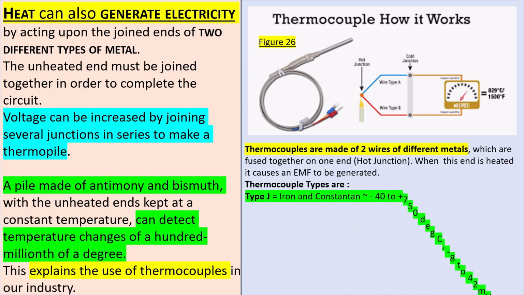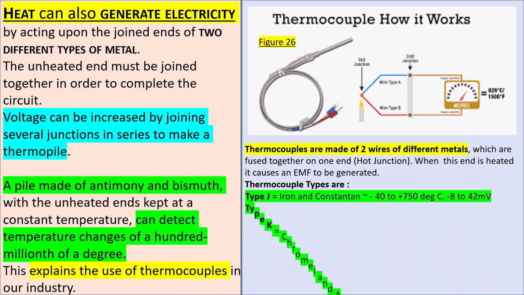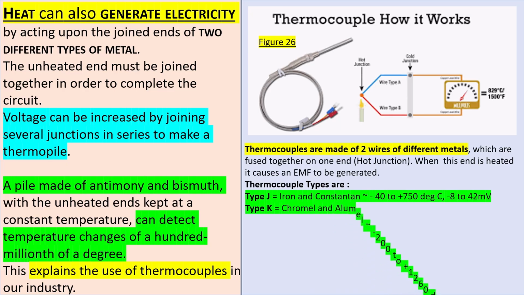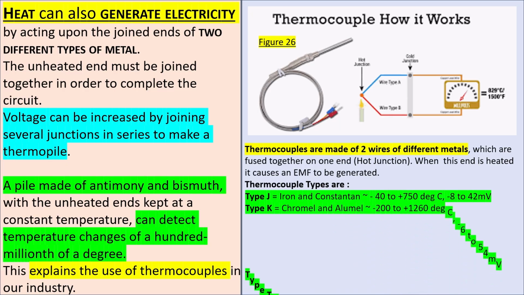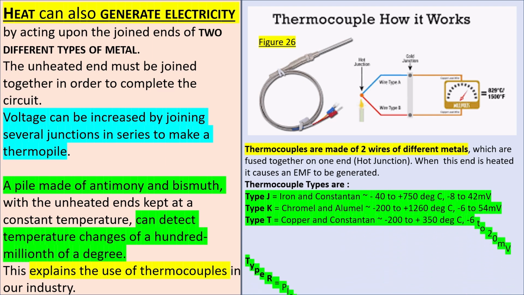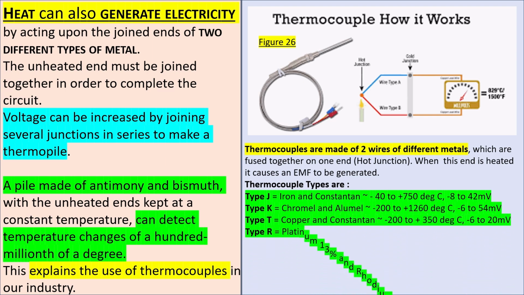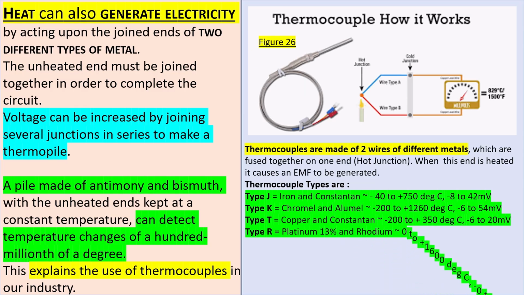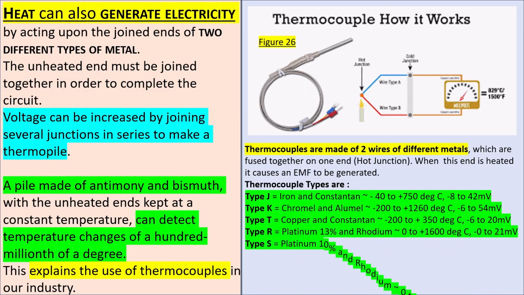So the type J is iron and constantan. It can measure from -40 to +750 degrees, and you can see there that the millivolts that are generated is 8 to 42. Then you have type K, and you have type T, and you also have type R, which is platinum at 13% and rhodium, and it can generate 0 to 21 millivolts of power.